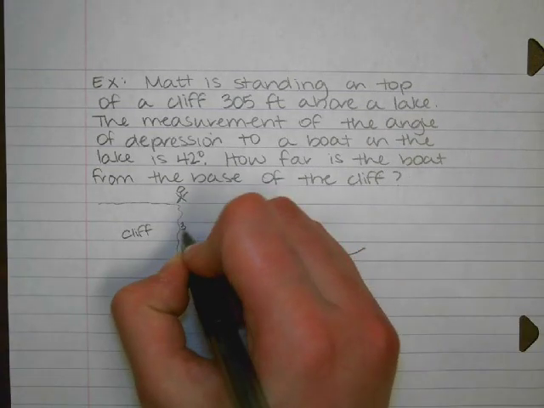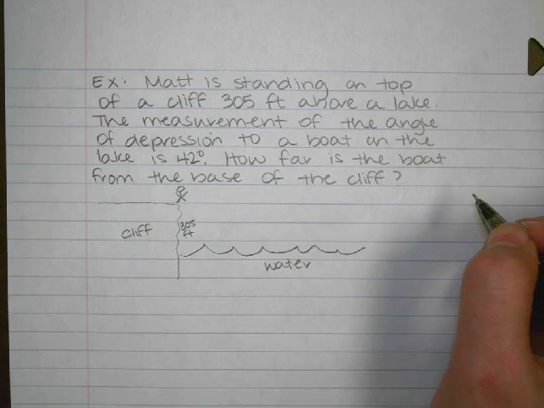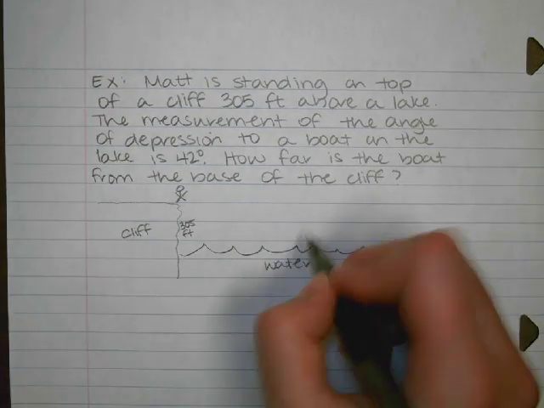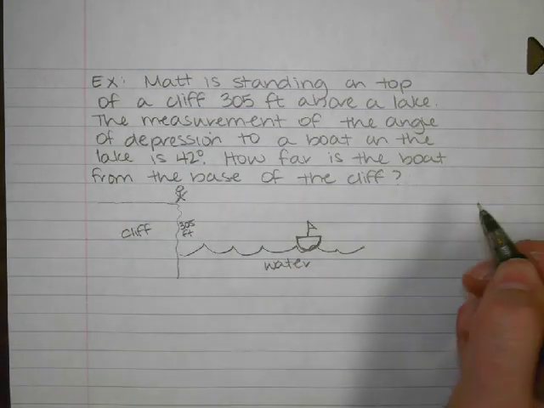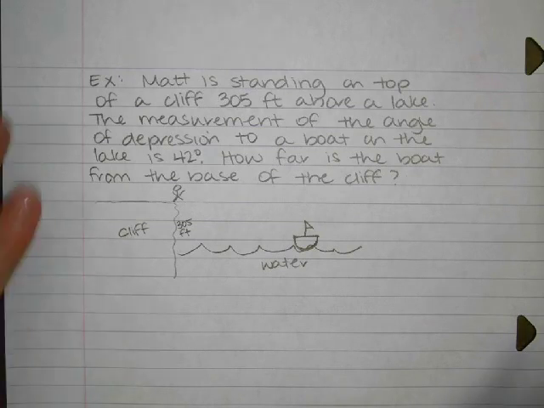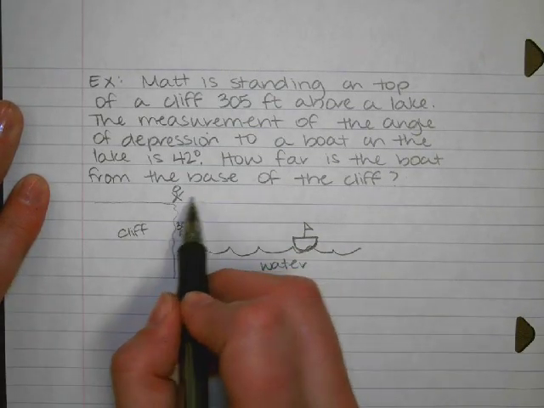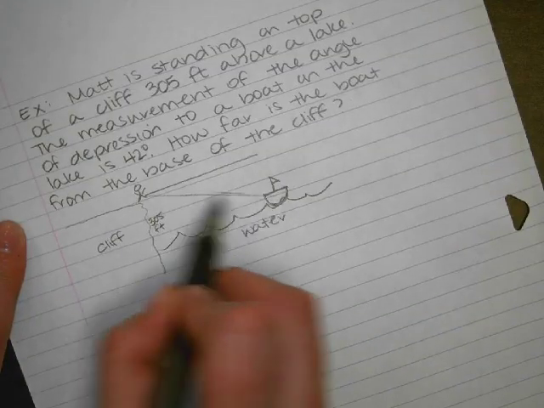So that means this distance right here is 305 feet. The measurement of the angle of depression to a boat on the lake is 42 degrees. So I'm going to go ahead and draw a boat right here. And it says the angle of depression. So angle of depression means straight out and down.